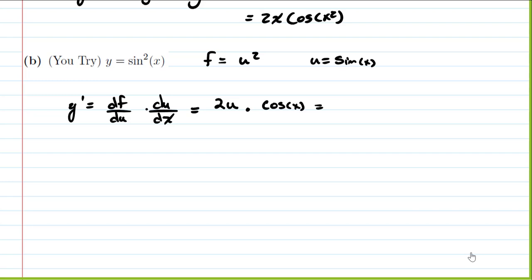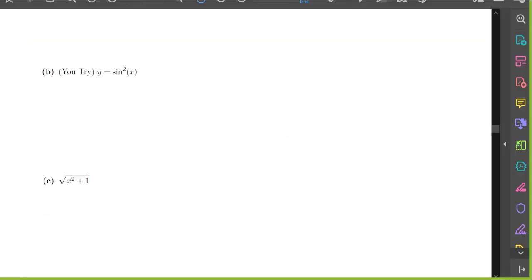We then substitute our u back in, so we get 2u, but u is sine x, so 2 sine x cosine x. So the derivative of sine squared is 2 sine x cosine x. All right, let's take a look at C.